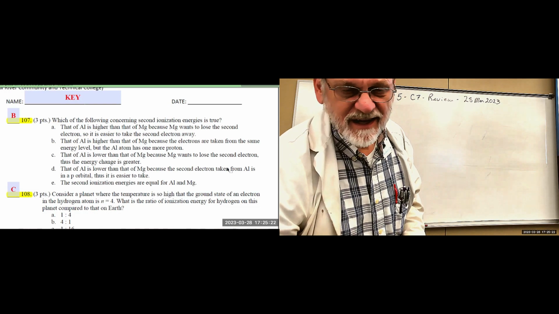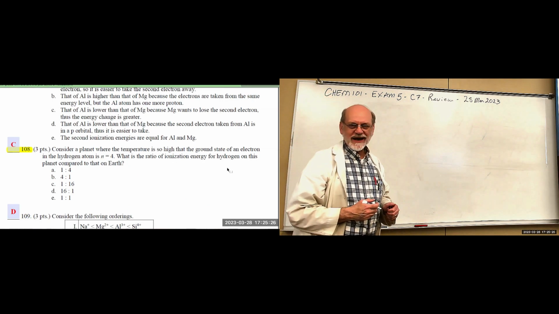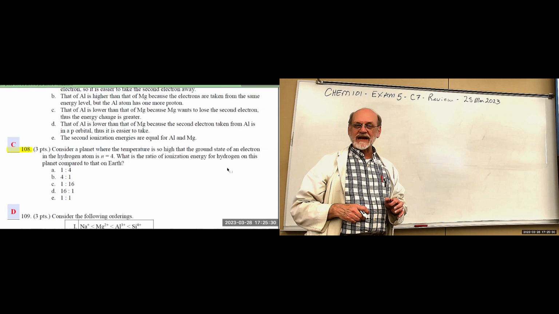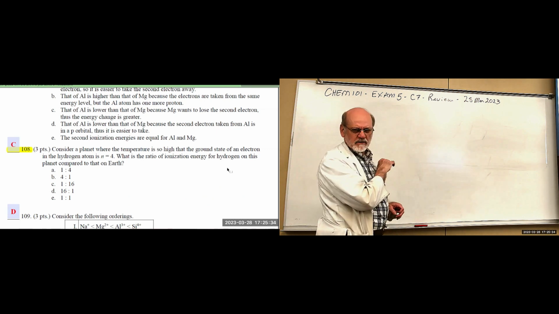108. Consider a planet where the temperature is so high that the ground state of an electron in the hydrogen atom is n equals 4. Let's see, 108.